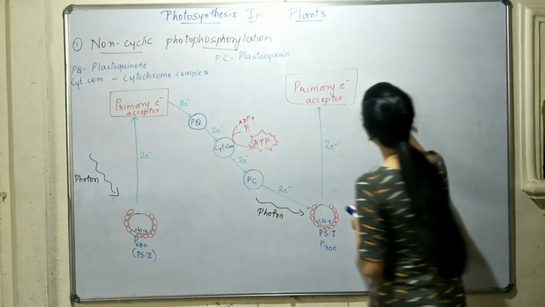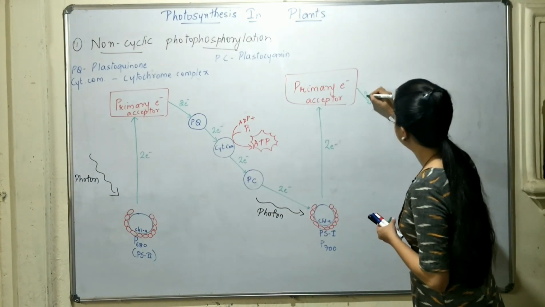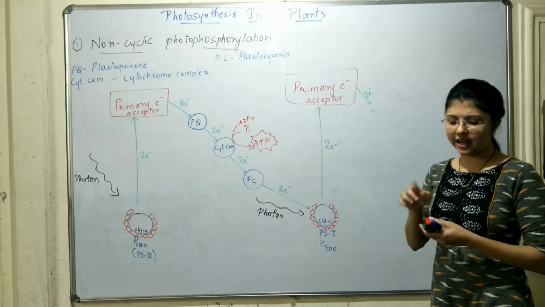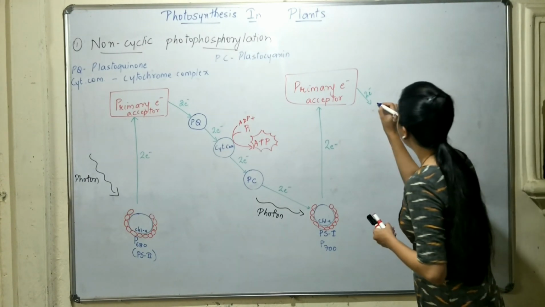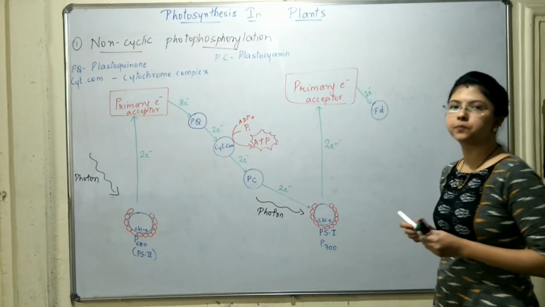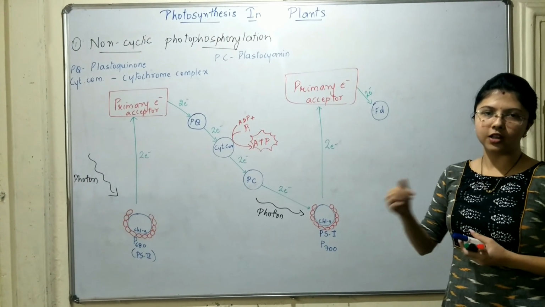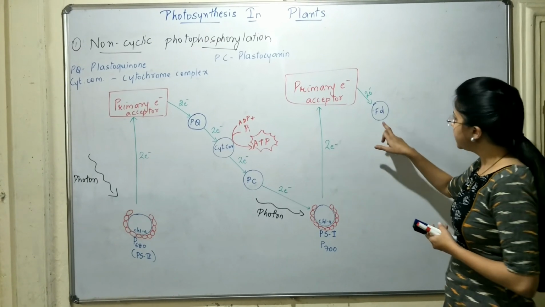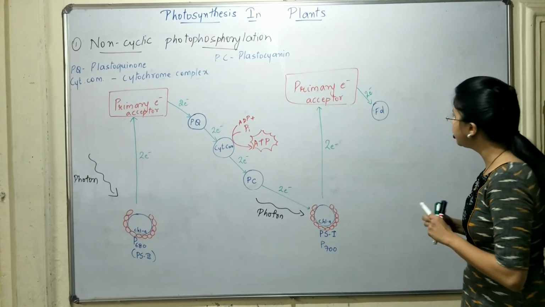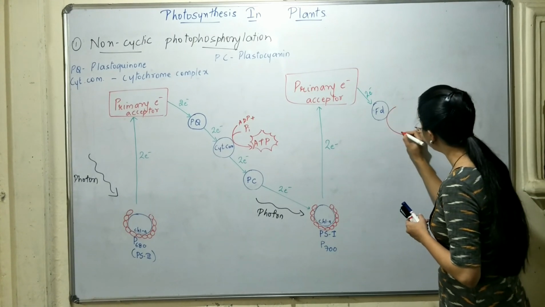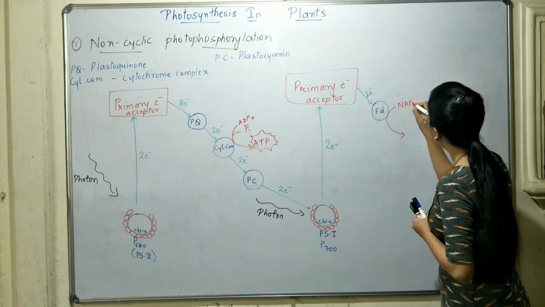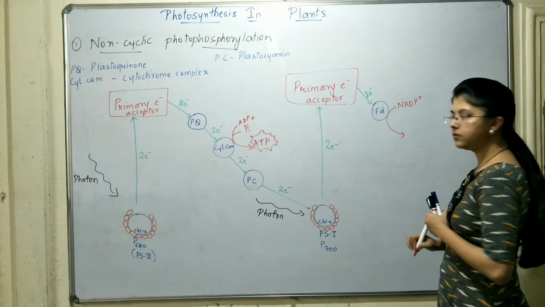This primary electron acceptor is going to transfer the pair of electrons to a very short electron transport system, which involves ferredoxin as a transport complex. This ferredoxin is going to accept these two electrons and is now going to pass on those two electrons to NADP, right?